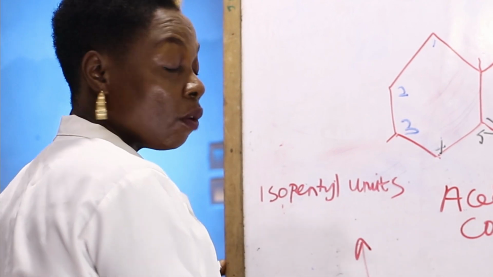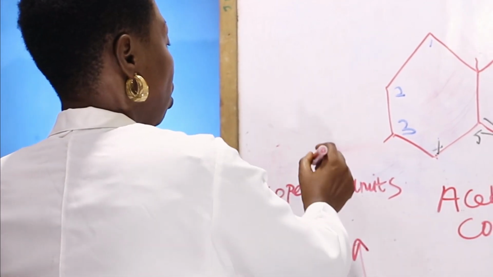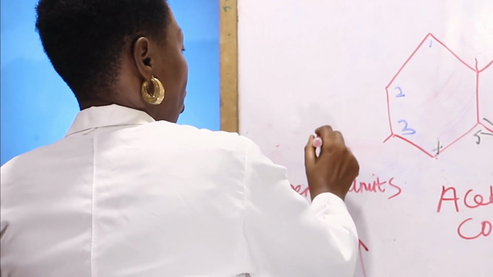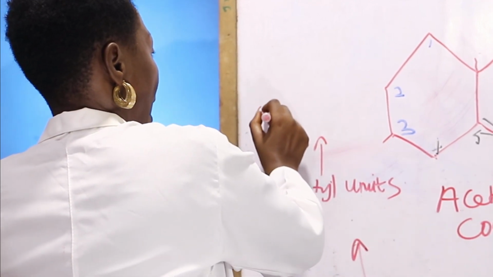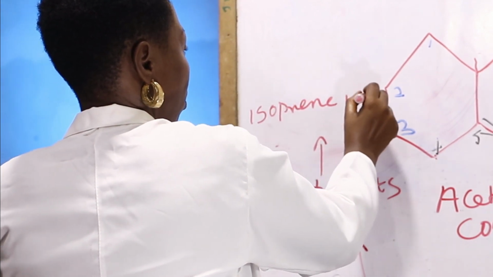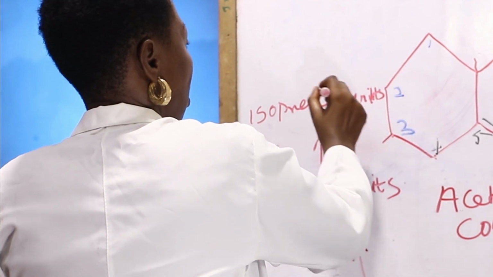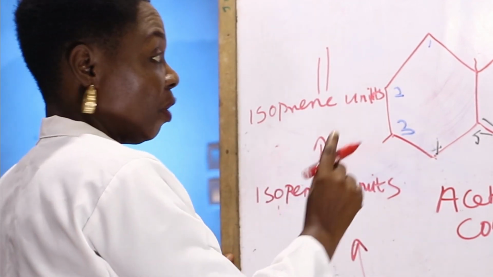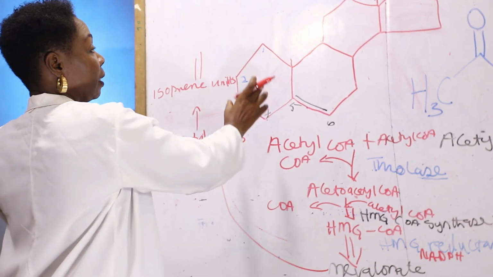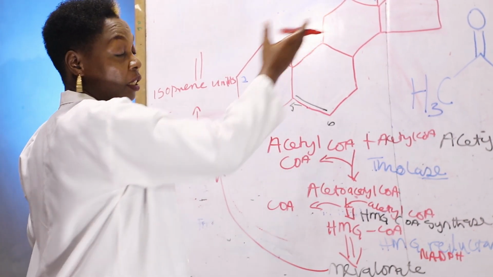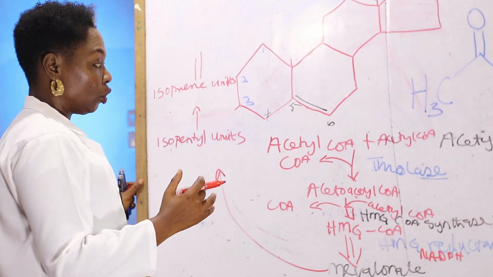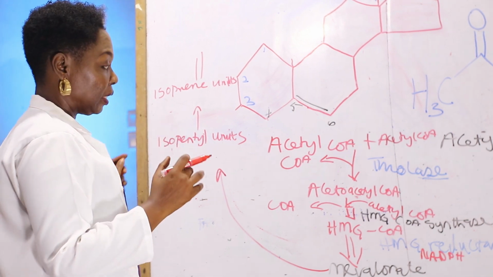So we have a series of condensation reactions, and then from there, you now have isoprene units. Remember, this is just a two-carbon atom that is metabolized to give us this giant molecule. So it's a series of steps, but we are paying attention to the most important steps.